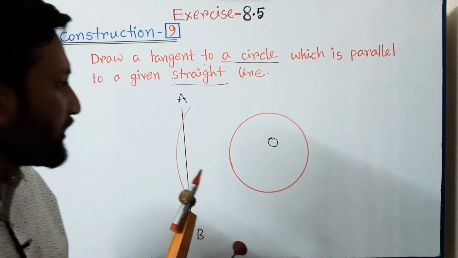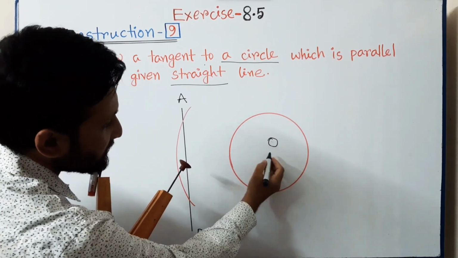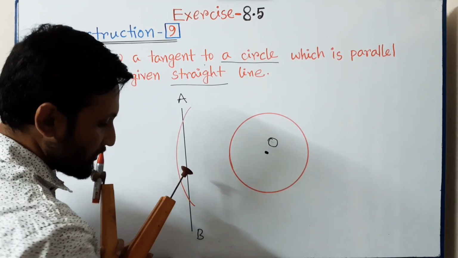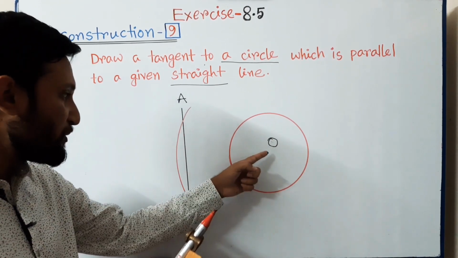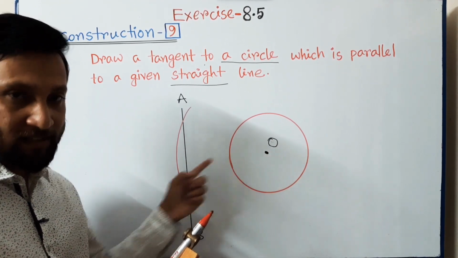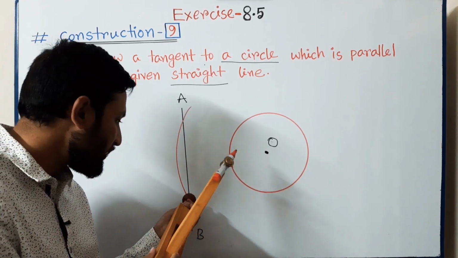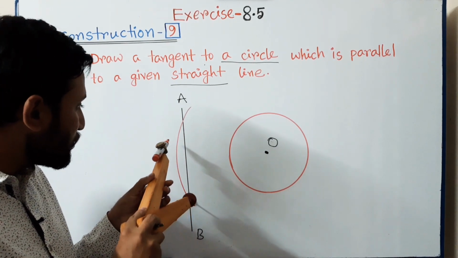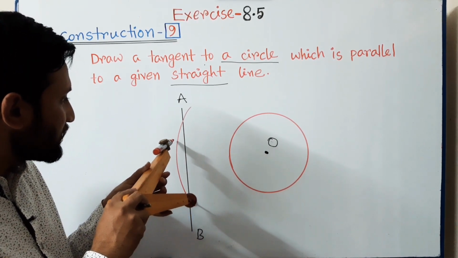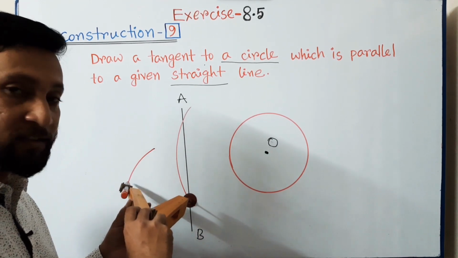Now we have to bisect this arc to draw a perpendicular from the center. So how to bisect? At first set the compass on one point of this arc and take more than half the distance of this arc, and draw an arc on the left side.